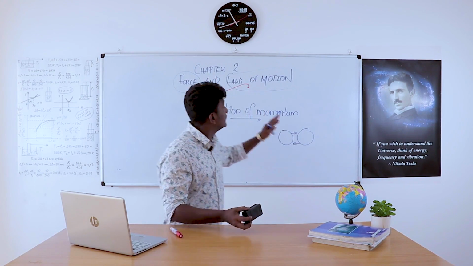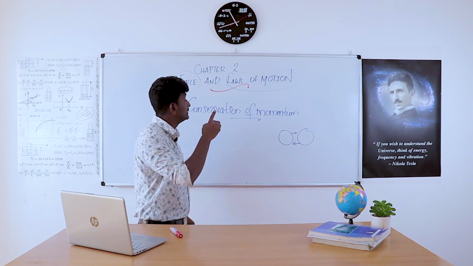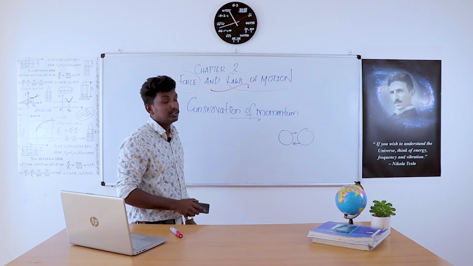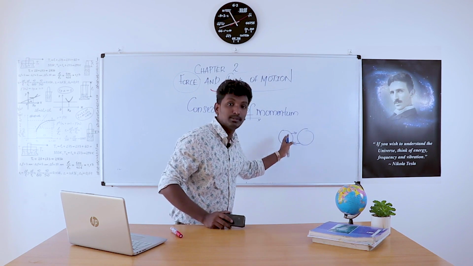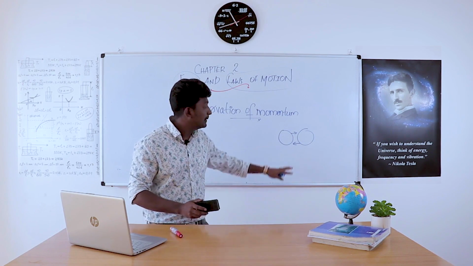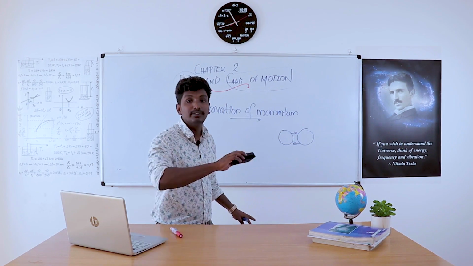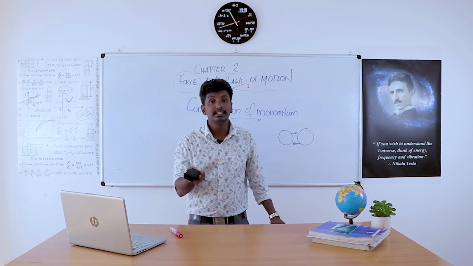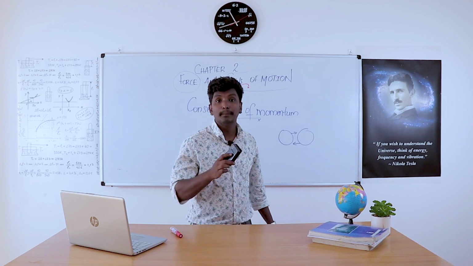Now, we have to prove this conservation of momentum using Newton's third law. That means total momentum before collision is equal to total momentum after collision. I am trying to prove this using Newton's third law, that is, for every action there is an equal and opposite reaction, action equal to minus reaction.